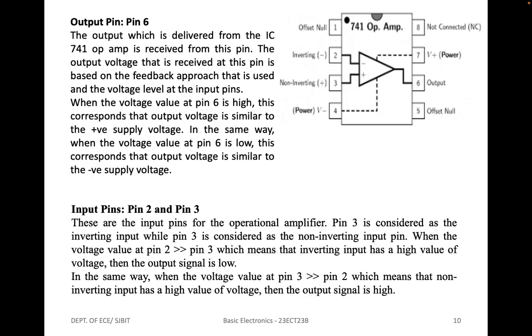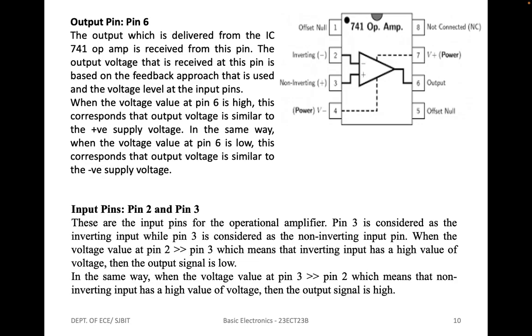So input pins, pin 2 and 3, are the input pins for the operational amplifier. Pin 2 is considered the inverting input, while pin 3 is considered the non-inverting input pin. When the voltage value at pin 2 is much greater than pin 3, which means the inverting input has a high value of voltage, then the output signal is low.